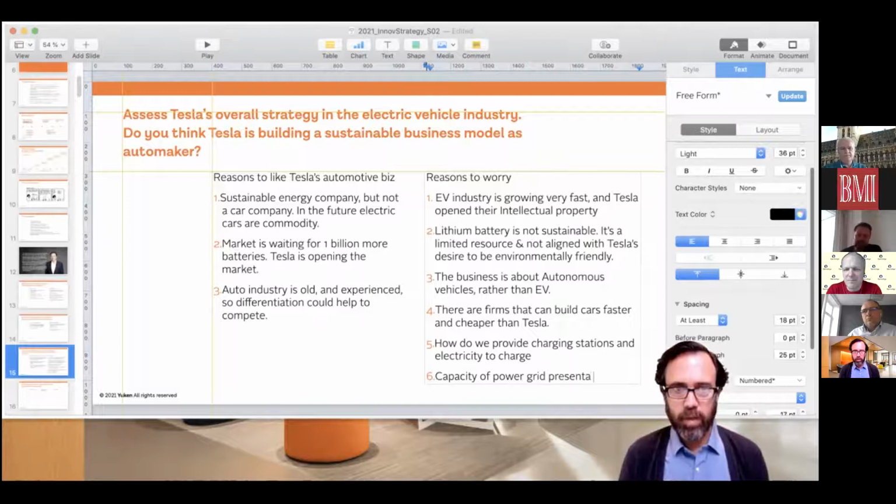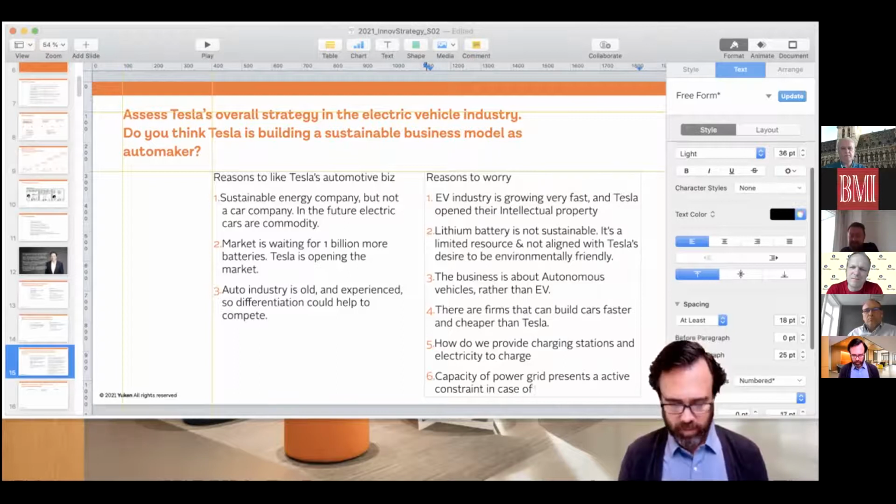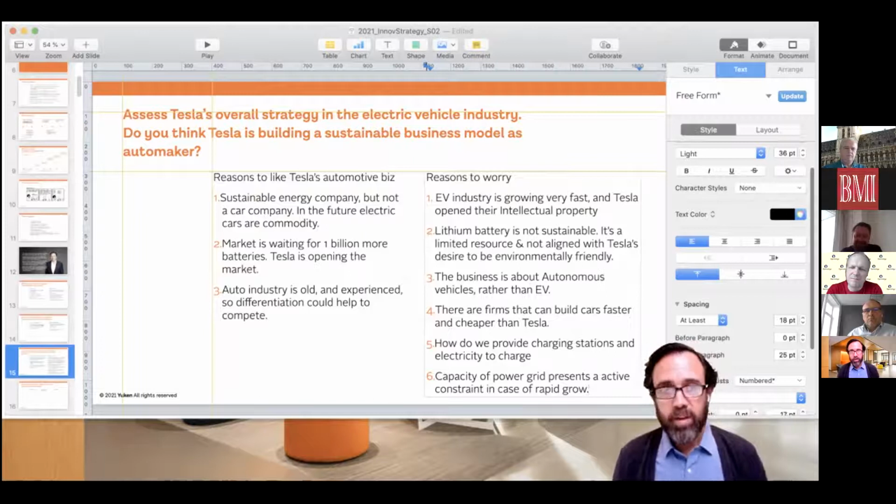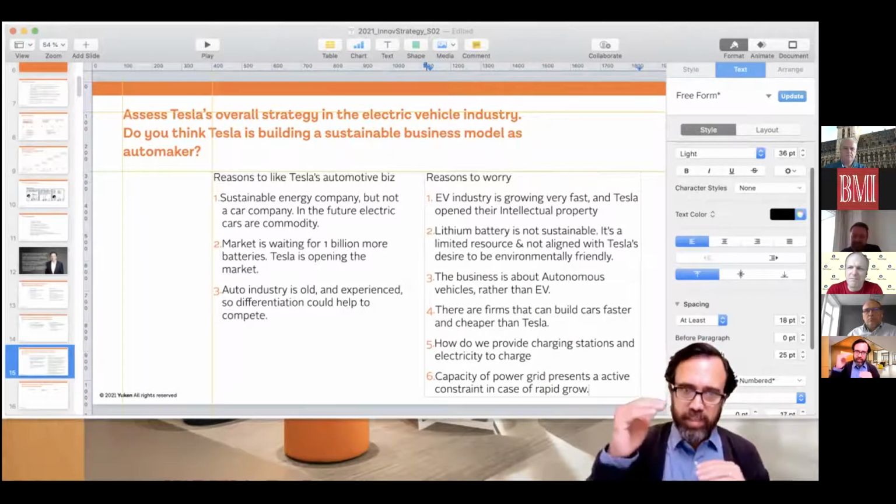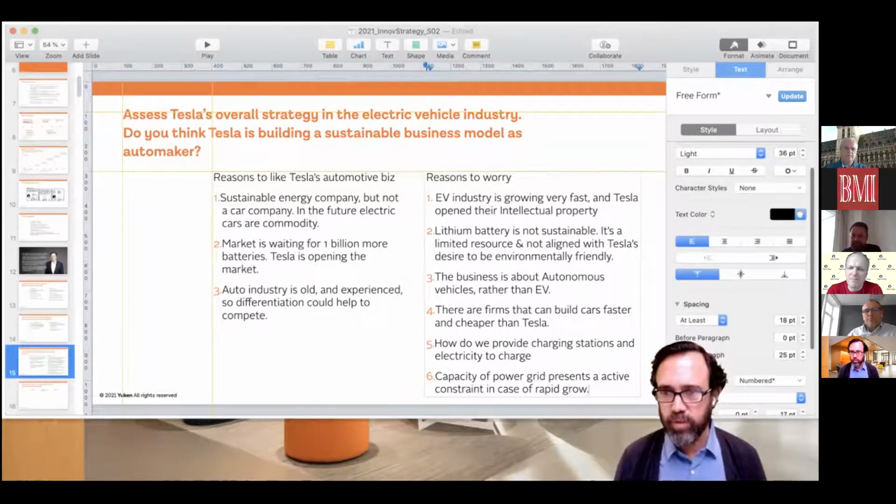So it presents a limitation, an active constraint, let's say. And the investments in the power grid and the electricity production are enormous as well. Yeah. But not only enormous, it also takes time. The demand can rise much faster than the capacity we have to produce and counter that increase in demand.